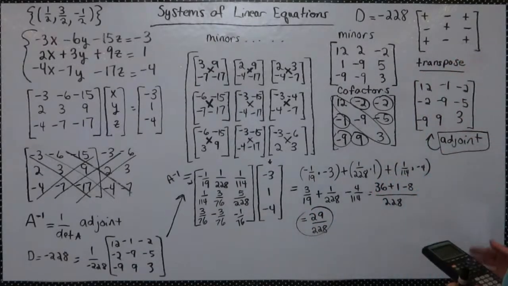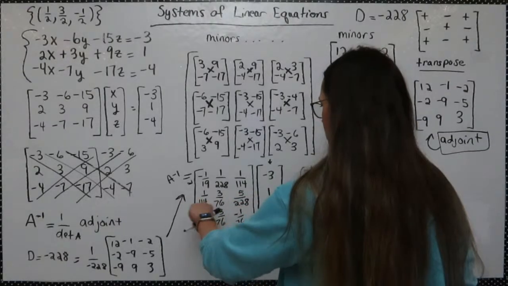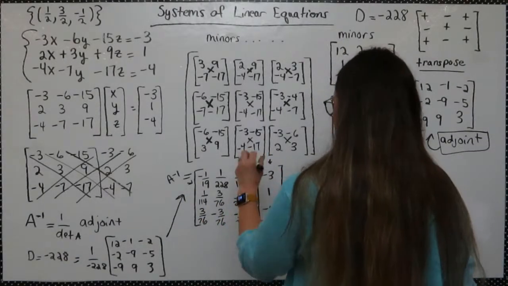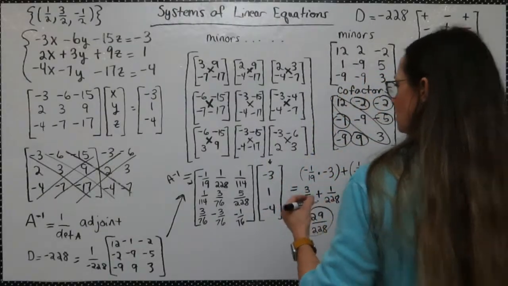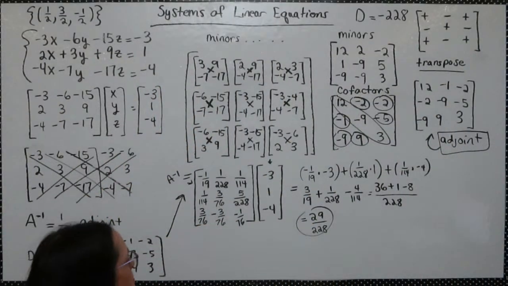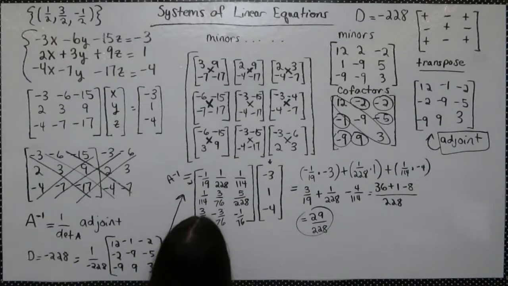All right, so let's go ahead and just play it out. We're going to do this row times this column. I'm losing confidence because I realized that I made a minor arithmetic error and I'm not going to get the right answer this time. But we'll see if we get y and z though.